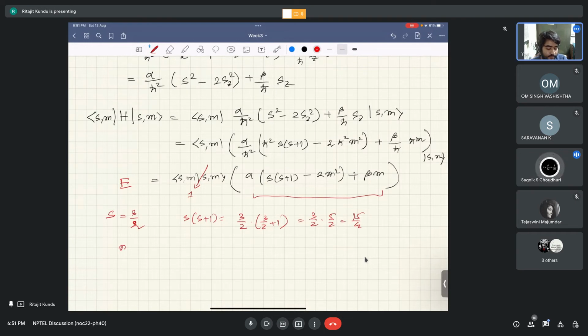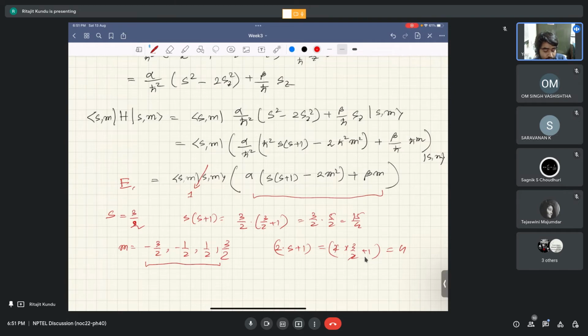So m will be minus 3/2, minus 1/2, 1/2, 3/2. The total number of these magnetic quantum numbers will be 2s plus 1. Since s in this case is 3/2, it becomes 4. So for a given s you get only 4 states.